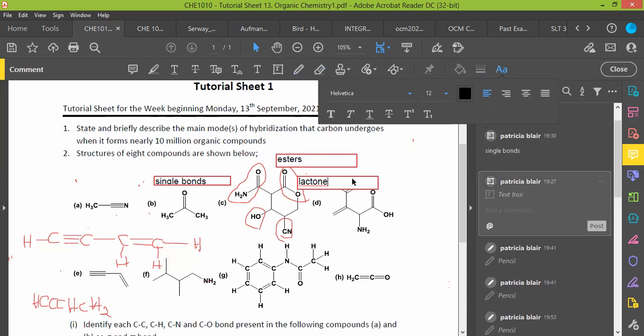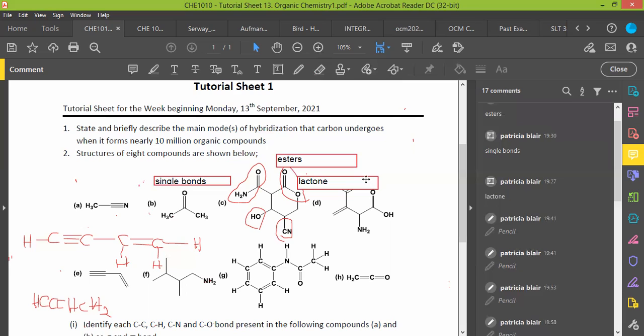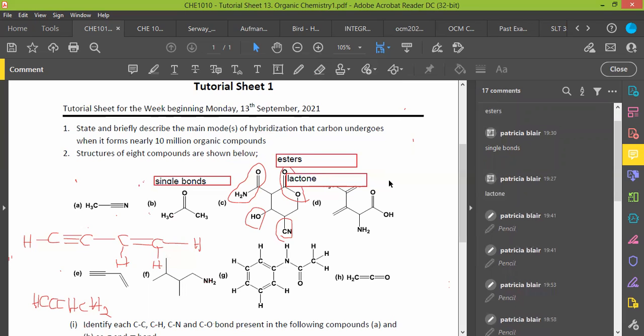Because it is not any ester, it is cyclic, because of its cyclic nature, this particular group is called a lactone. You check, it is attached to a 6-membered ring. So this is cyclic. So this is a lactone. It is an ester, but specifically a lactone because it is a cyclic ester. We've identified what that is.